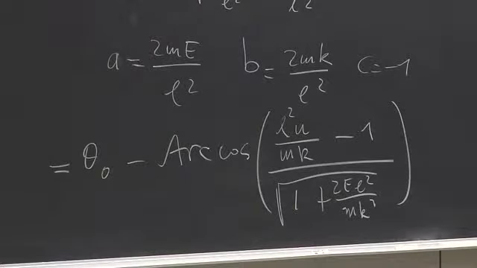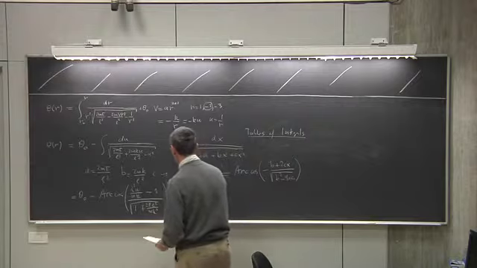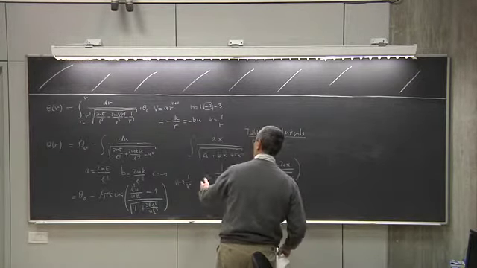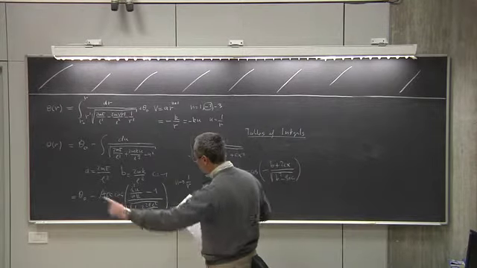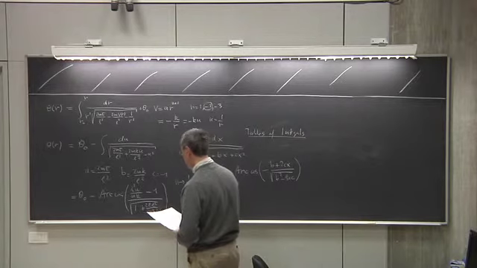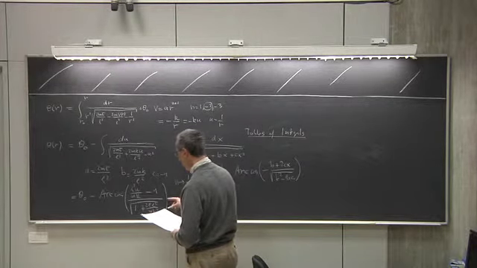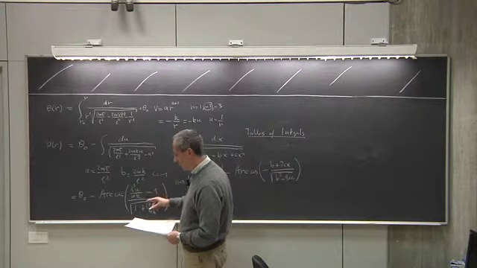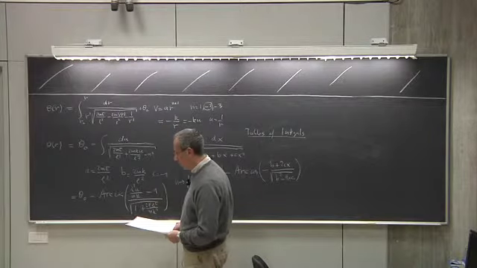Or if you want to go back, now let's go back to the 1 over r distance variable. So you see, then you have u. I also want to write it the usual way, r as a function of theta.